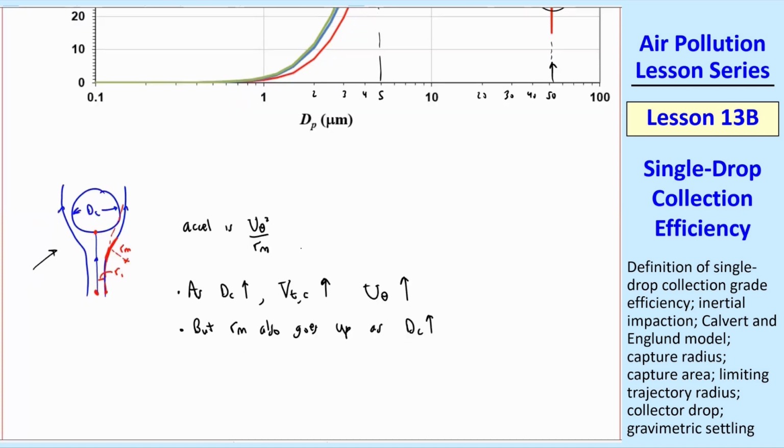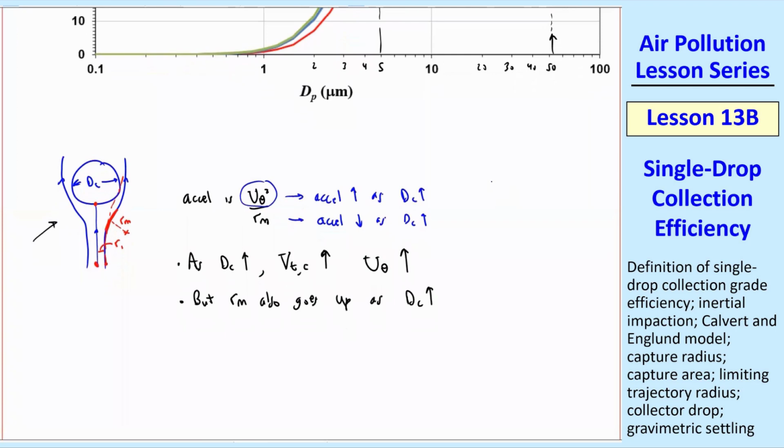It turns out that these two effects are kind of fighting each other. The numerator tends to make the acceleration go up as DC goes up. The denominator tends to make the acceleration go down as DC goes up, but the numerator is squared and it wins in a sense. So in general, inertial separation acceleration goes up as DC goes up.